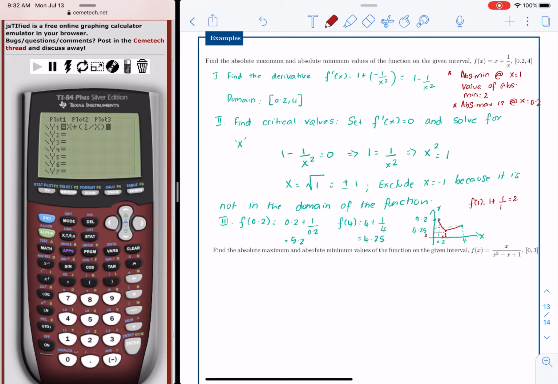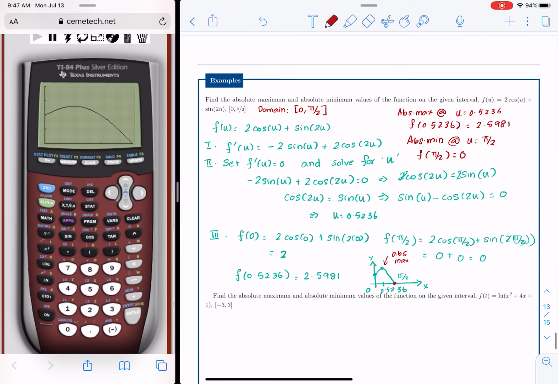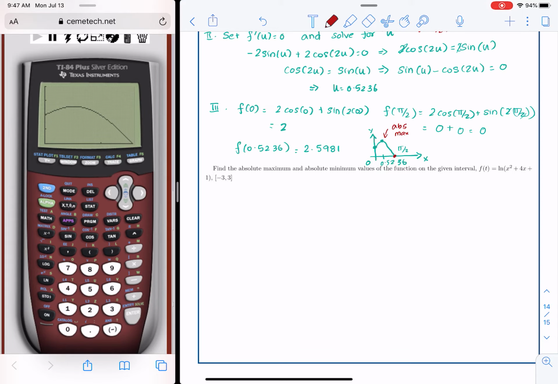Everything seems to be positive for the y value, so I'm just going to graph from 0 all the way up to, say, 4. It's going up and it is coming down, and that point where we have a peak is the absolute max that I drew earlier.